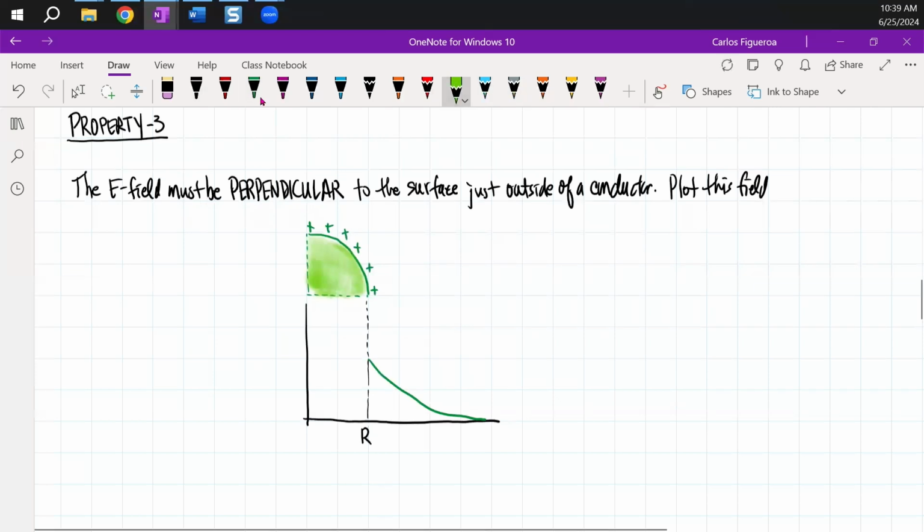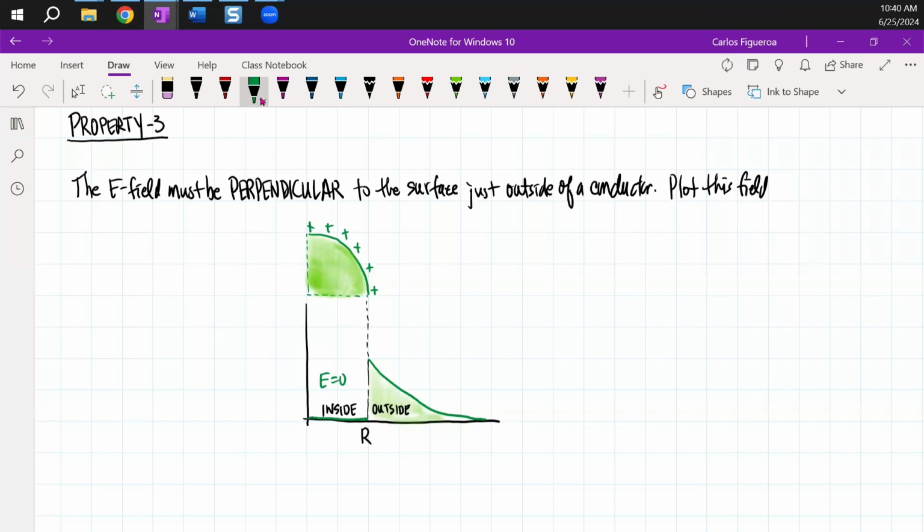This is the outside. We already know that on the inside, the field is 0.